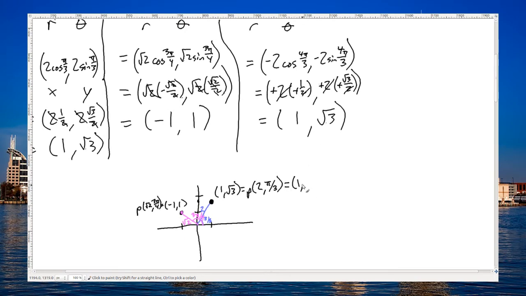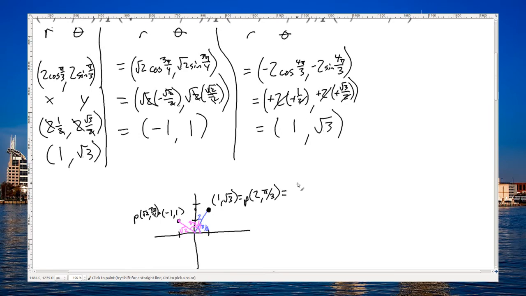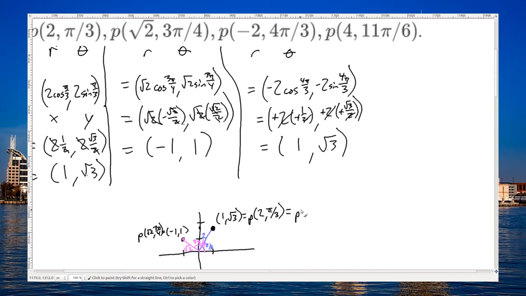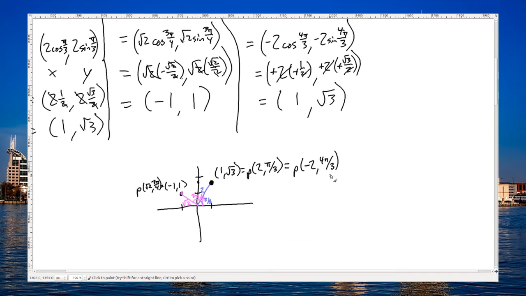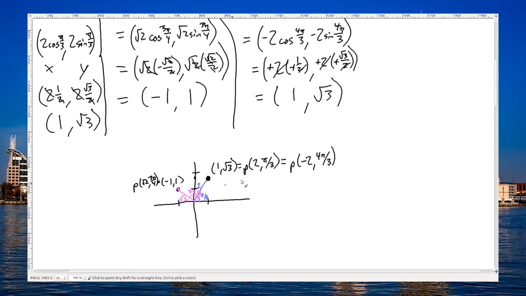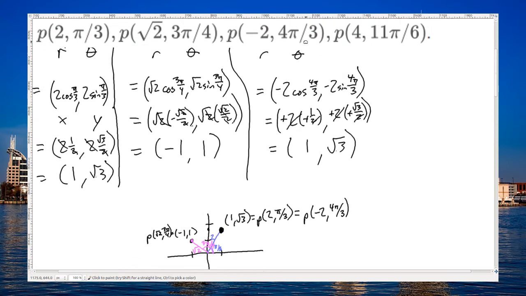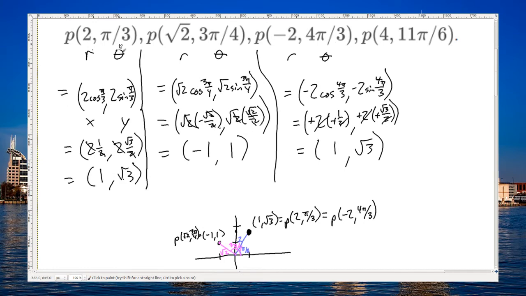I claim that this is exactly the same point as the polar coordinate of negative 2, 4 pi over 3. And why are these two points the same point? They have different coordinates in polar coordinates, but they are exactly the same. The reason why is because 4 pi over 3 is exactly 180 degrees, or pi radians, more than pi over 3.